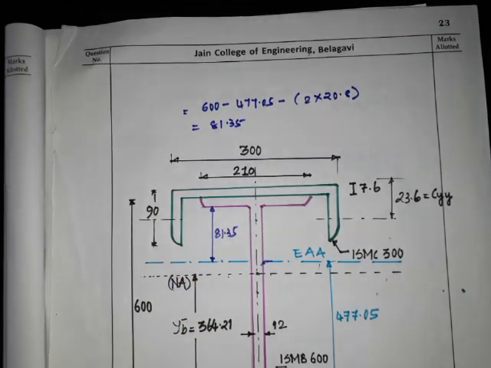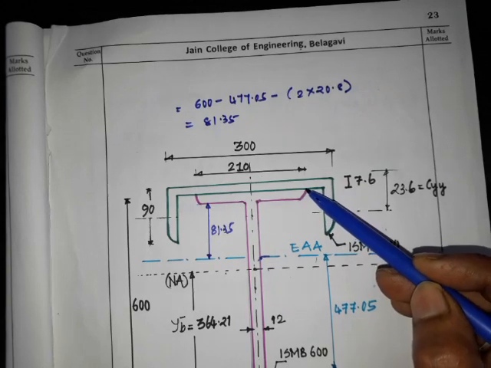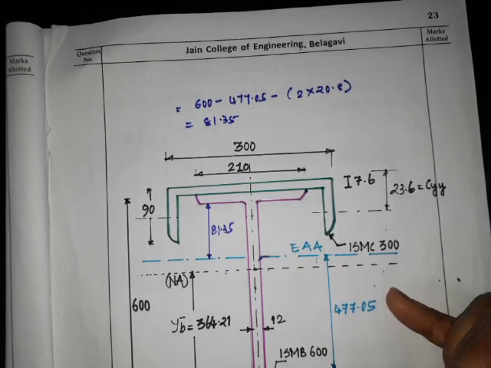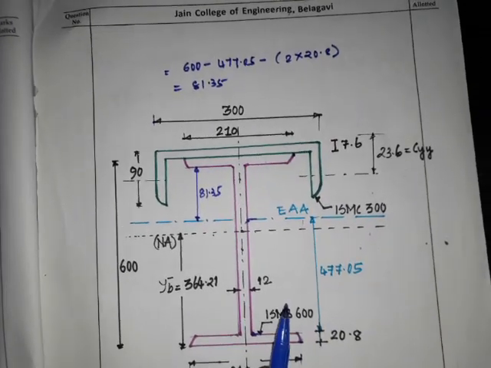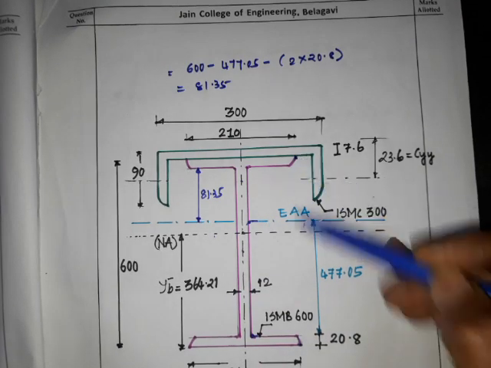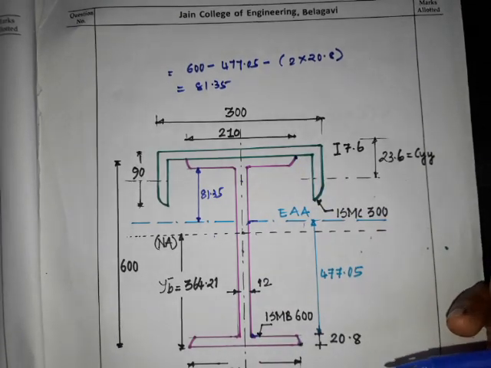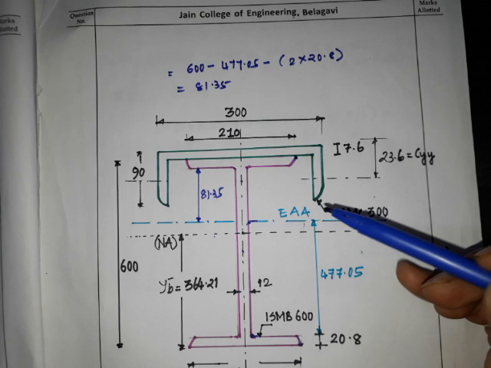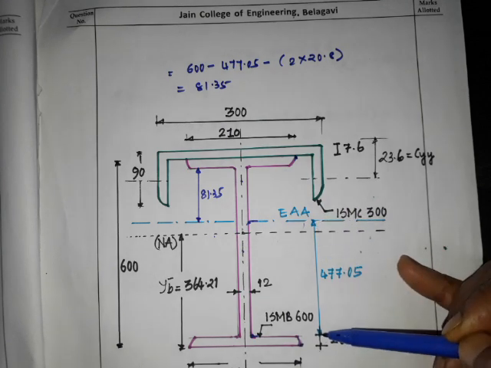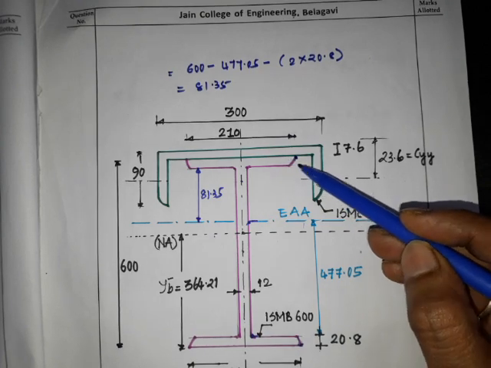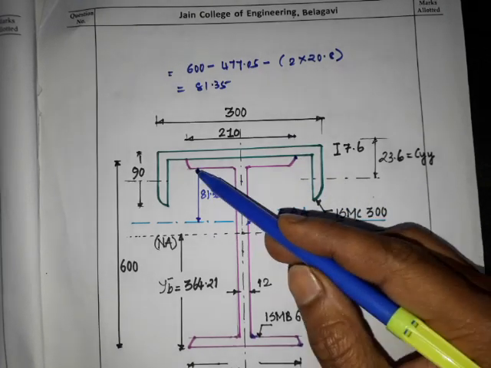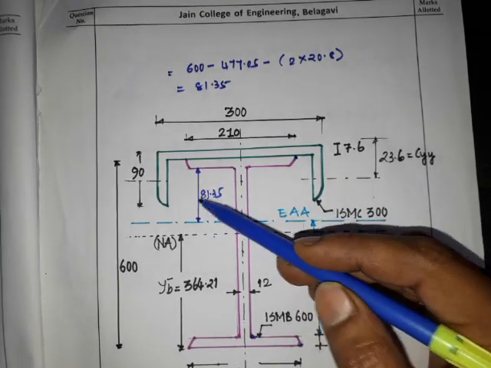Understood? Here the total height from here to here is 600. So 600 minus 477.05 minus 2 times the thickness of this, 20.8, you will get this. So this is 81.35. So what did we do here?